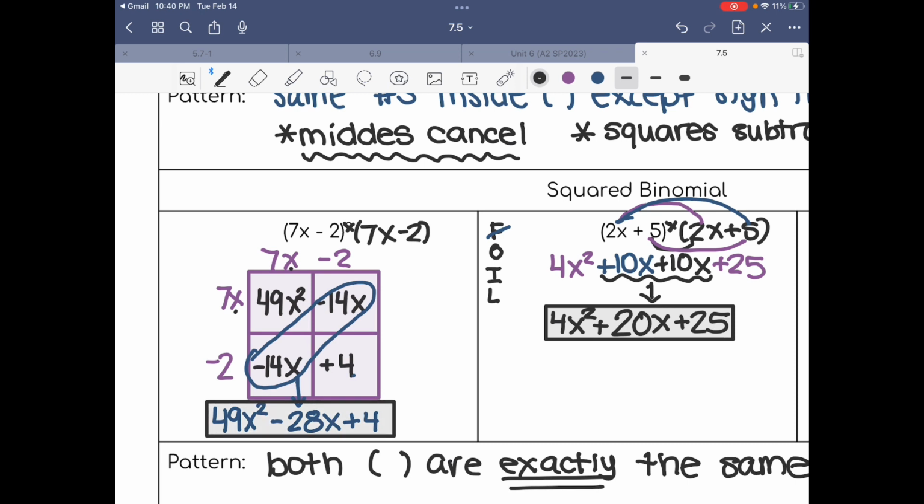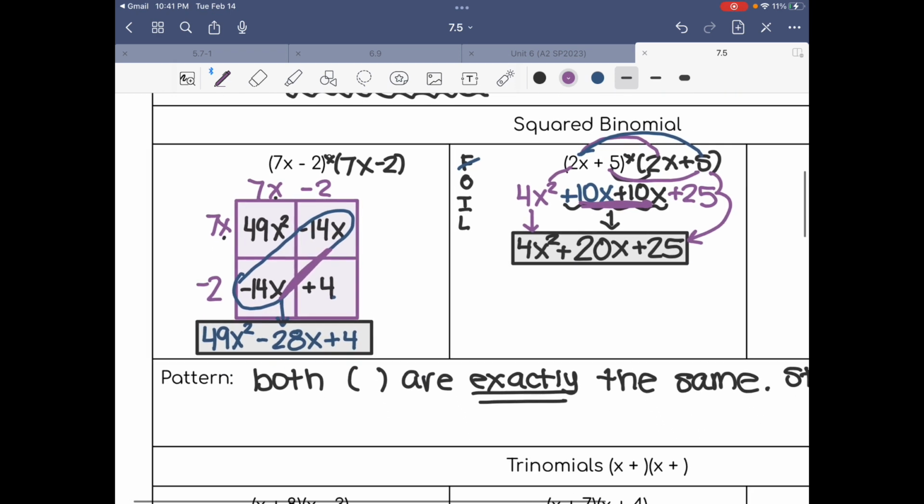What I'm going to notice about this is the first number got multiplied by itself to get this one. The second number got multiplied by itself to get the last number. And in the middle, you ended up adding the same thing twice, both on that problem and on this one. So what it's going to be is the first number squared.